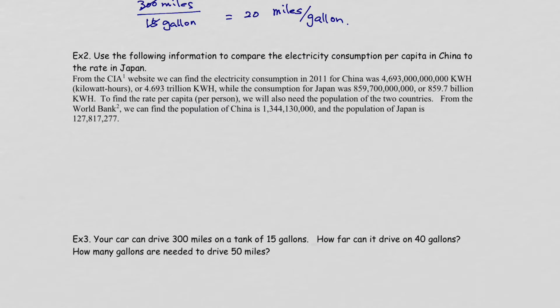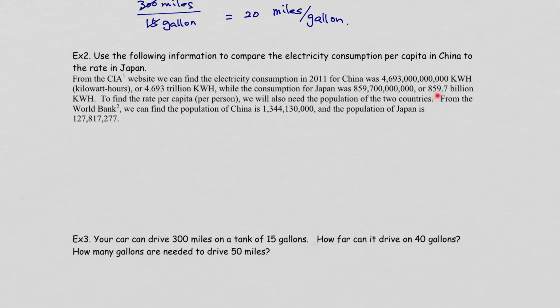Looking at example 2, what they're asking is to compare the electricity usage between China and Japan, and this is the information given. When you're comparing the usage, China is using 4.693 trillion.